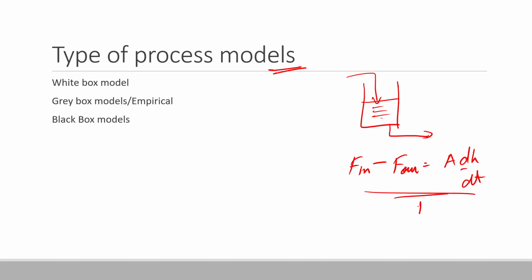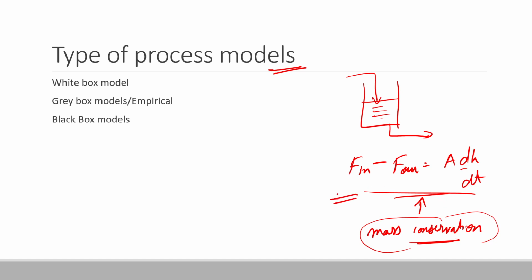This was obtained by mass conservation. So basically we know the physics of the system and we are developing a model using this physics, or first principle based modeling. Such kind of modeling we call a white box model.